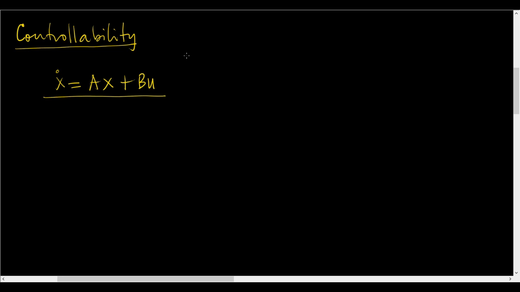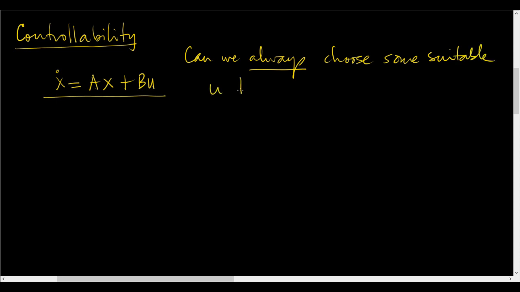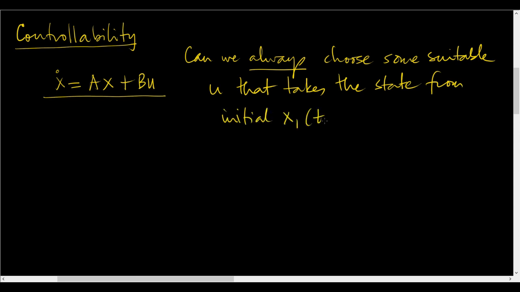Can we always choose some suitable u that takes the state from initial x1 at t1 to desired x2 at t2?